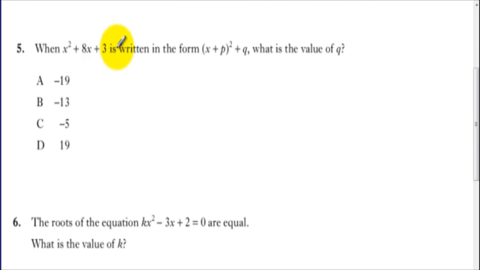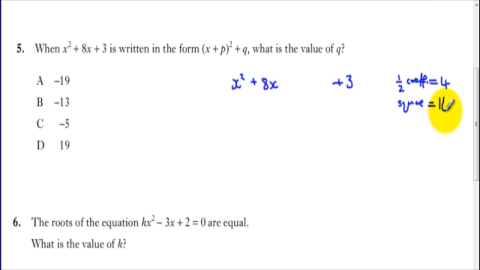x squared plus 8x plus 3 we want to put into this form. So we've got x squared plus 8x. If we take half the coefficient of the x term, it gives us 4. If we now square that, we get 16.